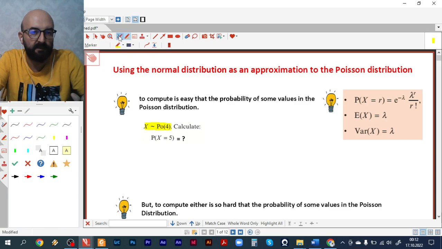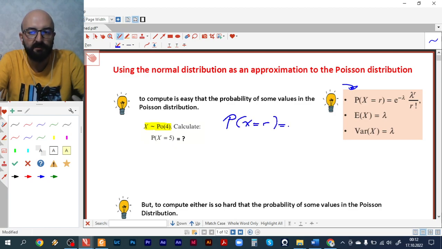For example, we have a formula for the Poisson distribution. If they want the probability of exactly 5, our formula is P(X = r) = e^(-lambda) times lambda^r over r factorial.